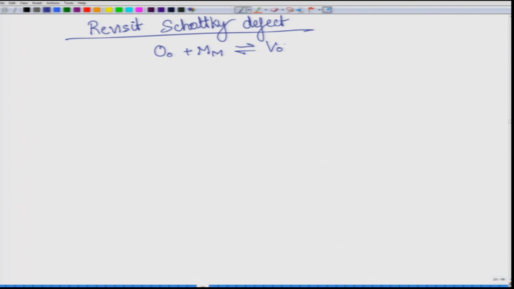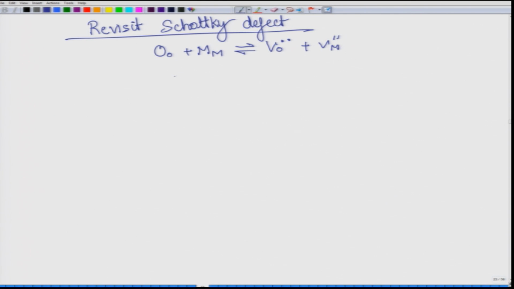The Schottky defect is the vacancy at the cation and the vacancy at the anion in a particular ratio, and here we are assuming it is MO, so M2+ and O2-. Therefore, the vacancy at the O site is equivalent to 2 positive charges and the vacancy at the metal site is equal to 2 negative charges.